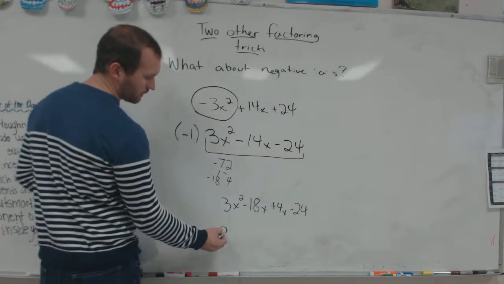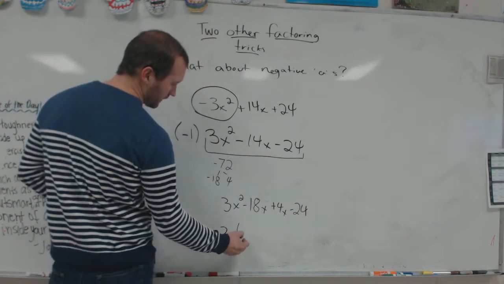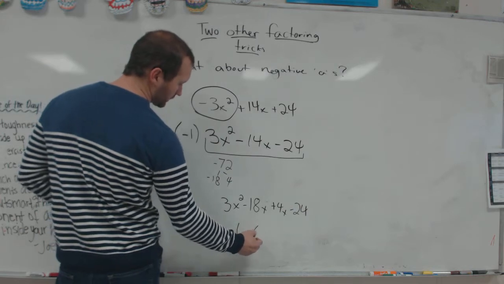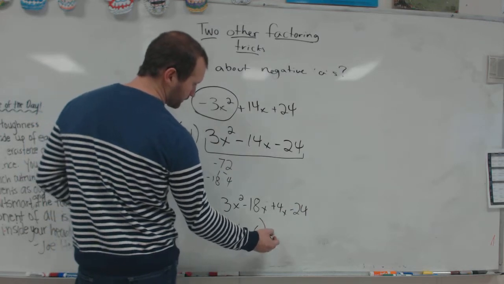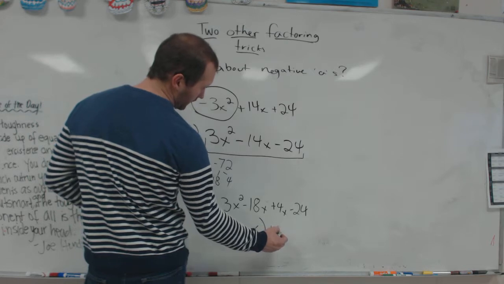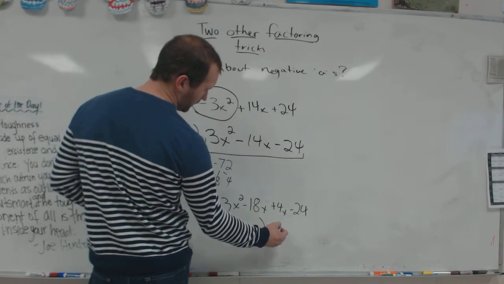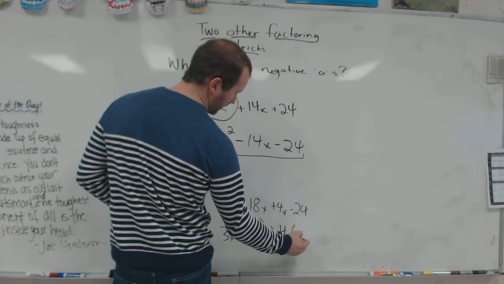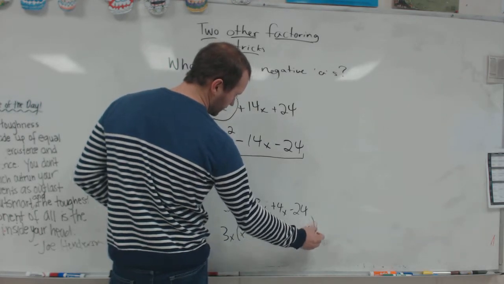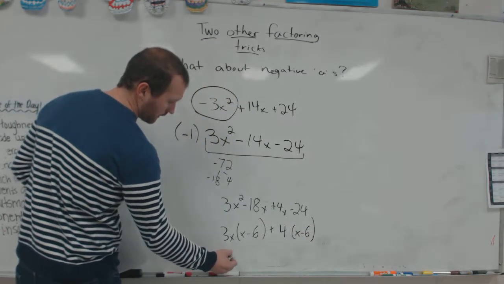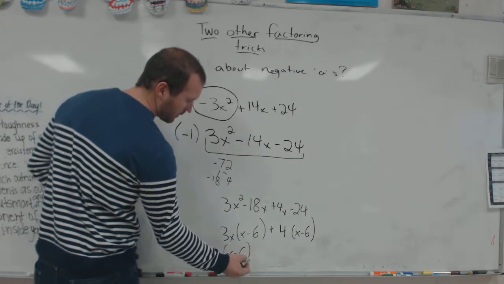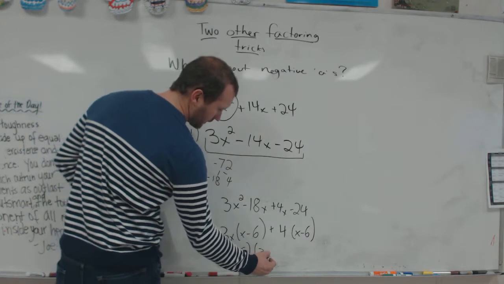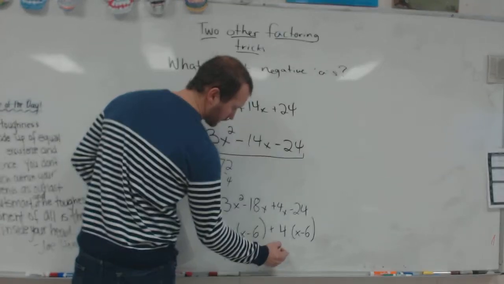Factor that by grouping, so I pull a 3x out of the first two terms, leaving x minus 6. Pull a 4 out of the second two terms, leaving x minus 6. And then pull out the blob, leaving 3x plus 4.